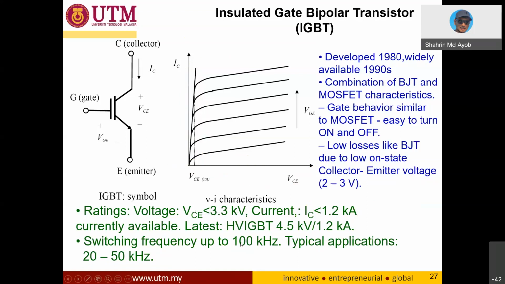The switching frequency is also very high compared to the BJT, which is low, but the MOSFET is also high. So the IGBT combines the BJT and MOSFET advantages, and the rating is usually in the middle: not very fast, not very low.